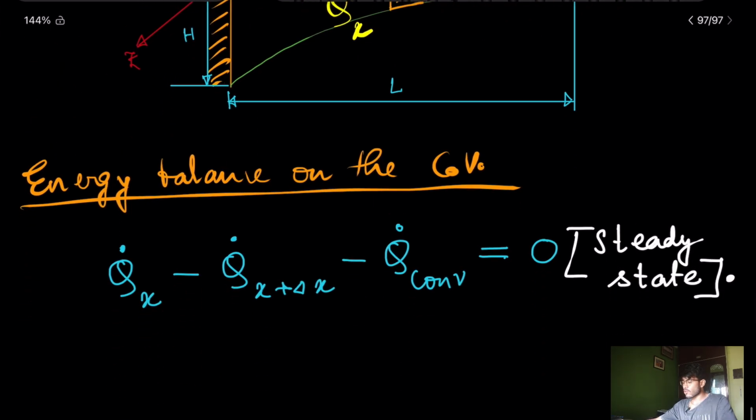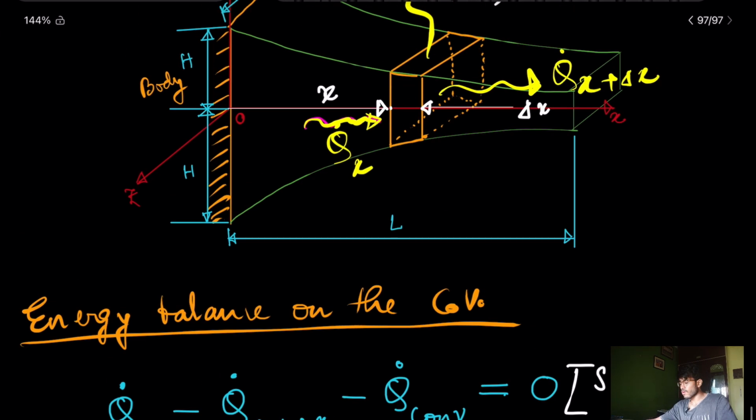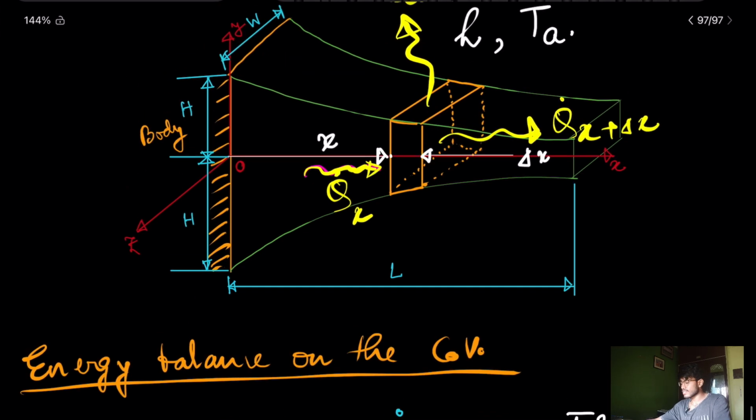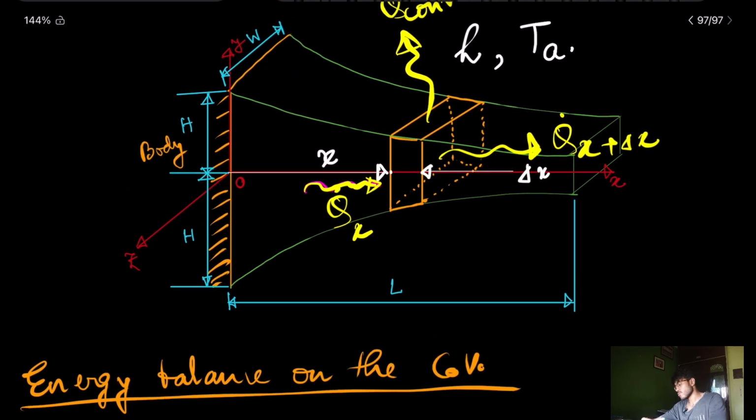Now the same analysis can also be done with the differential formula that I have derived, the basic heat conduction equation. Then you have to integrate the heat conduction equation over this control volume, having delta x length, w width, and one more thing I have to define here, the height. This height will be a function of x, maybe h of x, or let me term it as y.